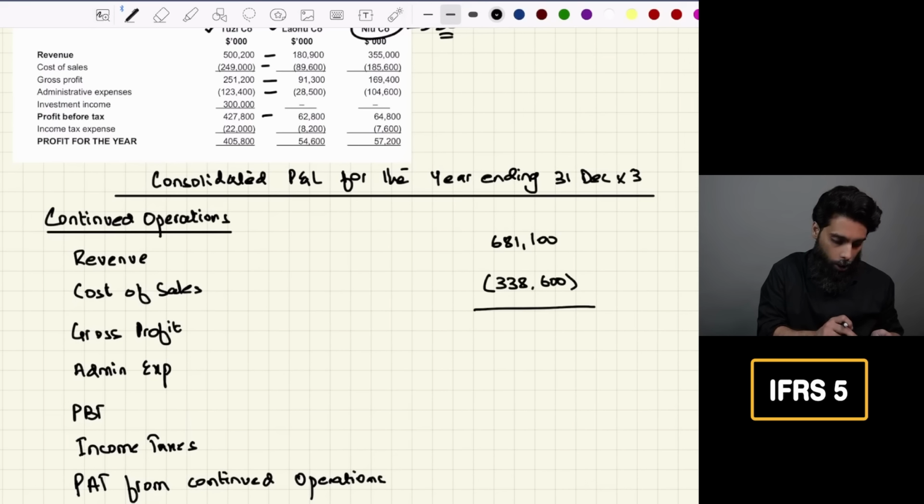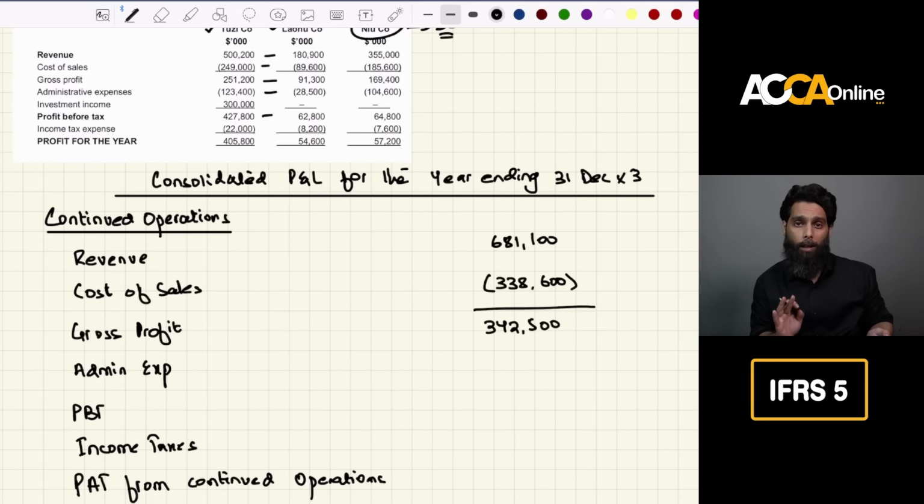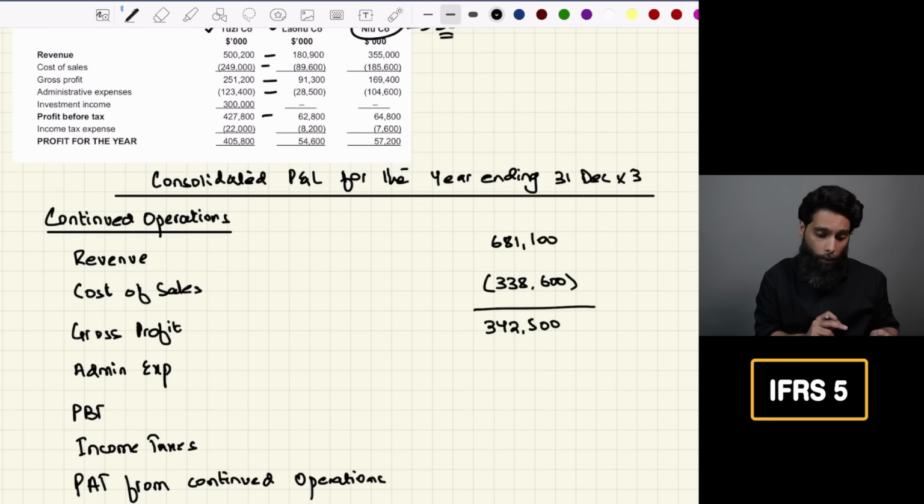Then you get a gross profit of 681,100 minus this. I hope you get a gross profit of 342,500. Mind any numerical mistakes that I make, okay? I'm just doing it on my own, so don't rely on me when it comes to using a calculator.